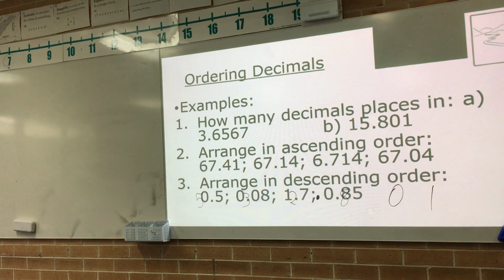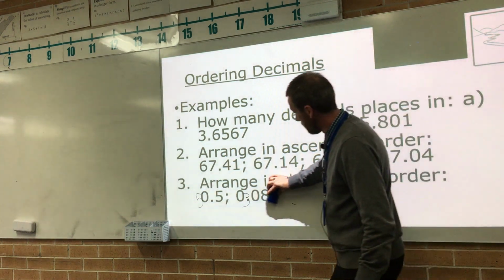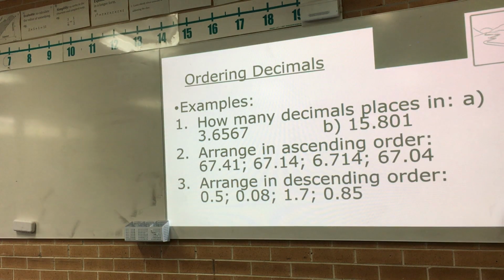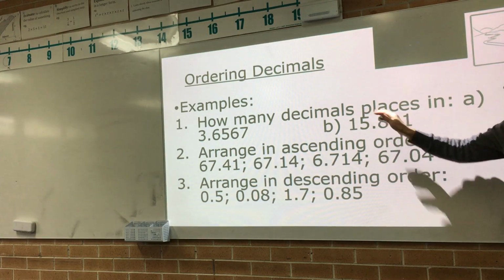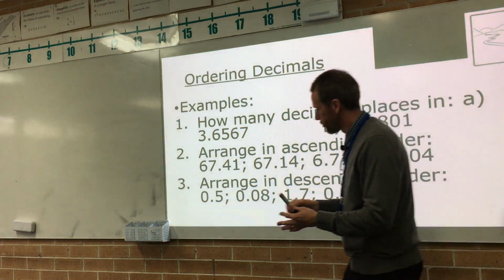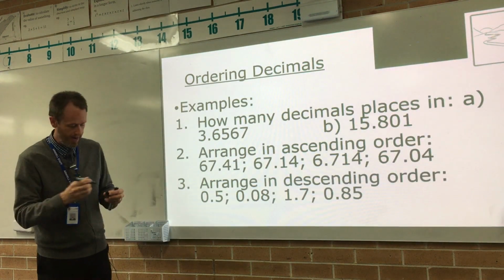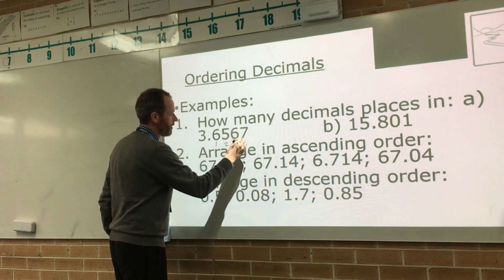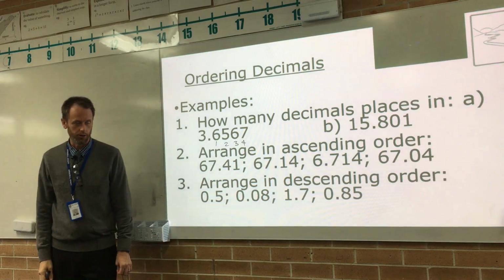So why don't we do some examples? Here's some examples. You'll need to copy these examples down because I haven't given them to you as we work through them. The first question is pretty straightforward. Sorry, the A is on the wrong line. But the question is, how many decimal places in these numbers? And hopefully you can see straight away what we actually have is 1, 2, 3, 4 decimal places.